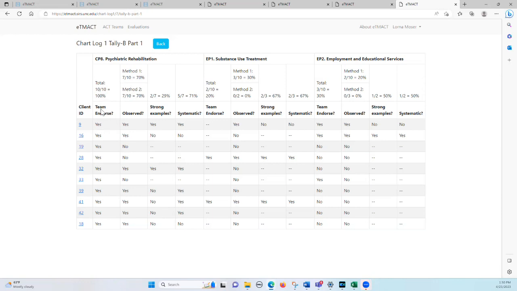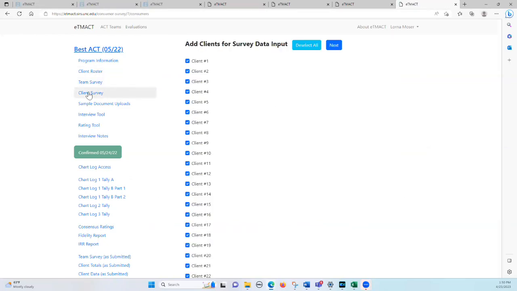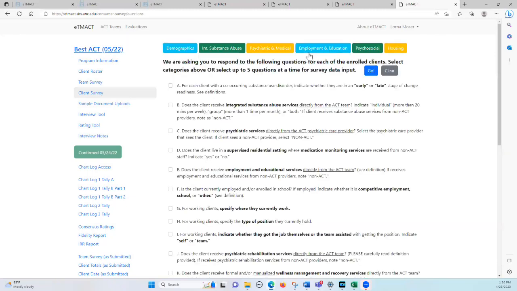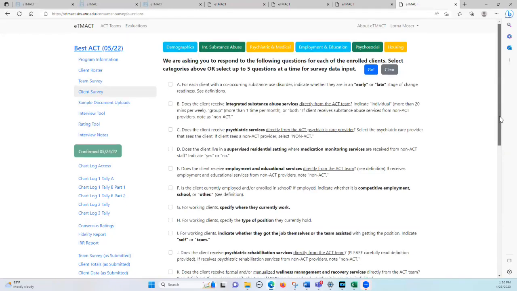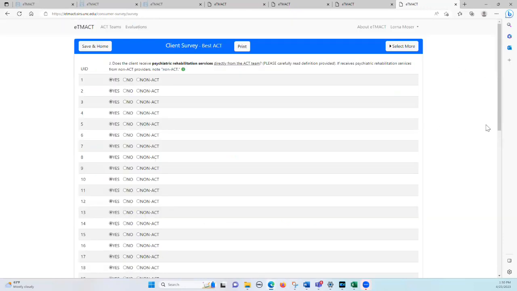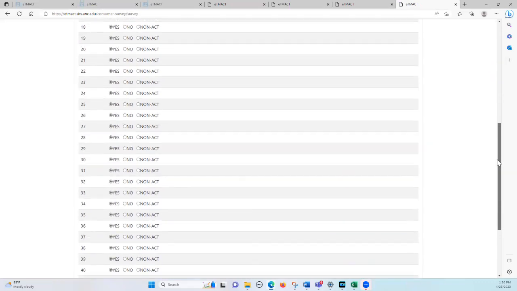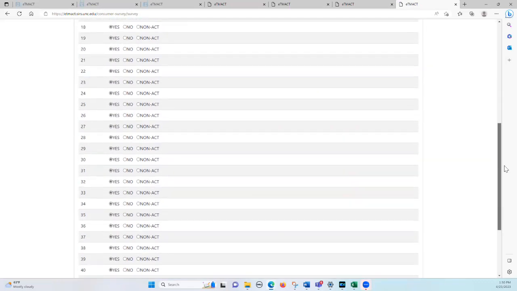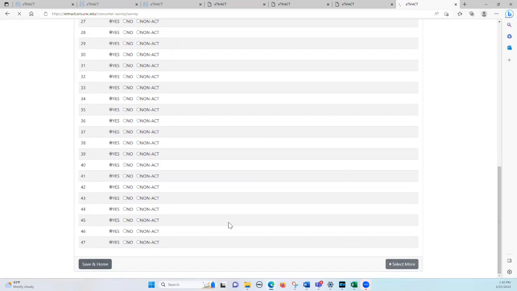So here, the team said yes, everybody was getting psychiatric rehabilitation. This information is coming from the client survey. So if we went to the question around psychiatric rehabilitation, we'll see that this is a team that believes everybody is getting this from the team. This is where eTMACT is pulling that information from.